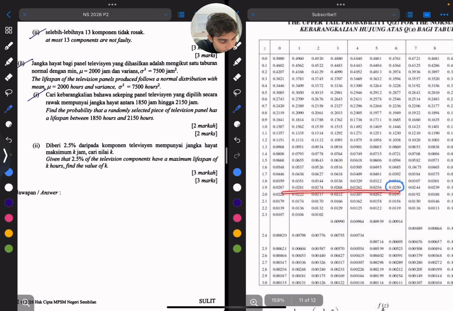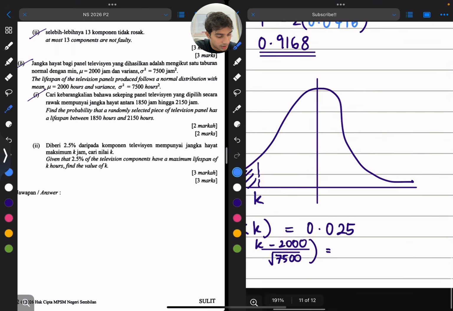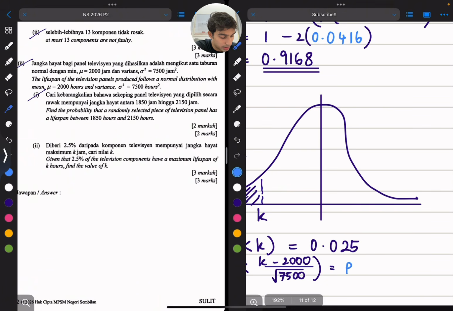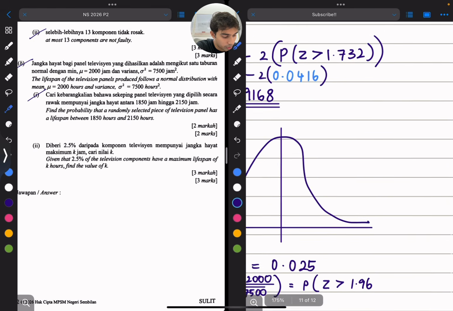So this is 1.96. So here we must write this area is P Z more than 1.96, right? Yeah.